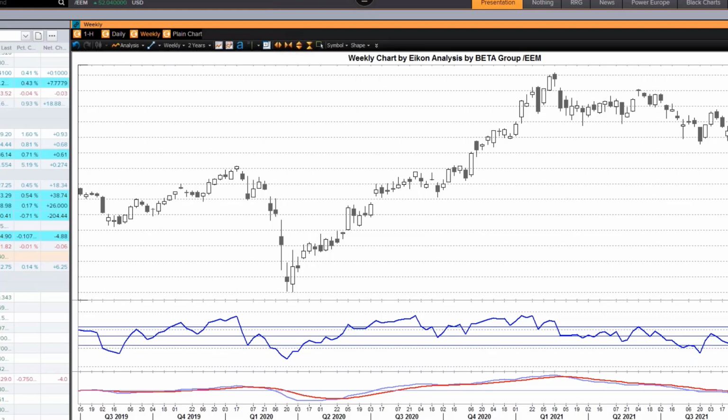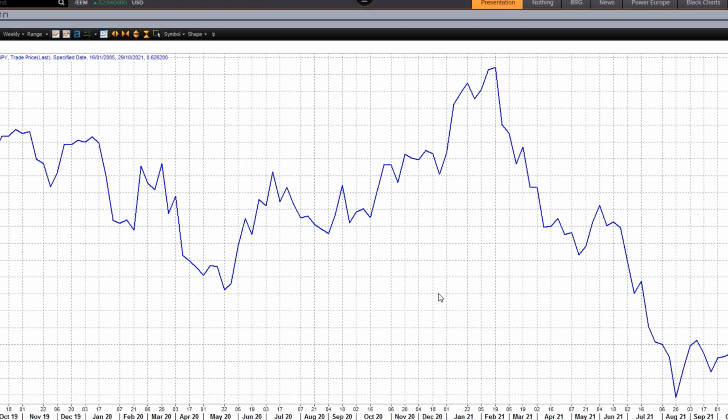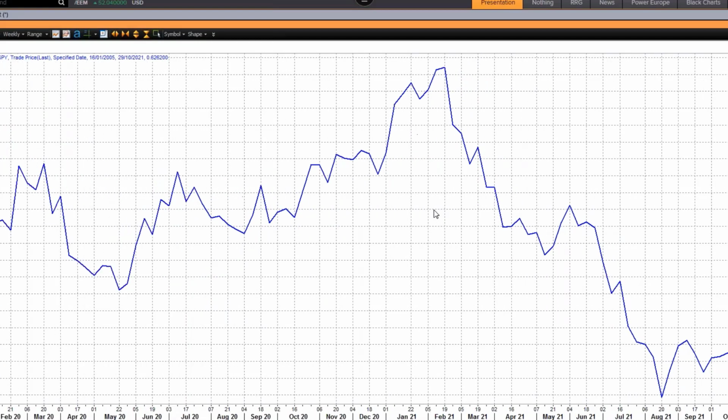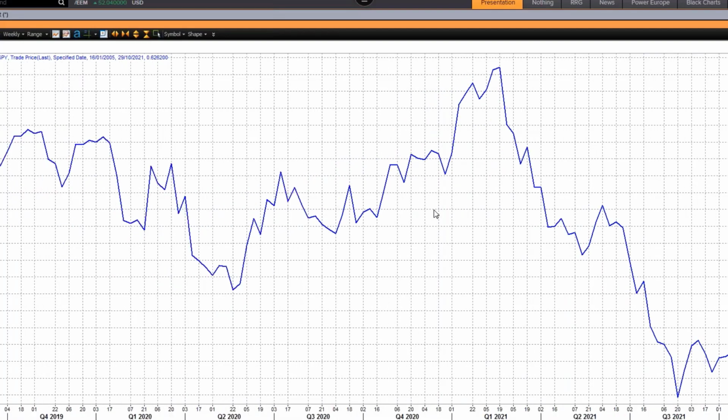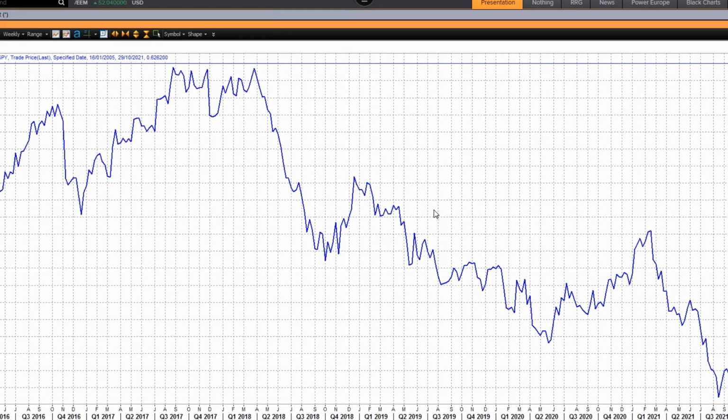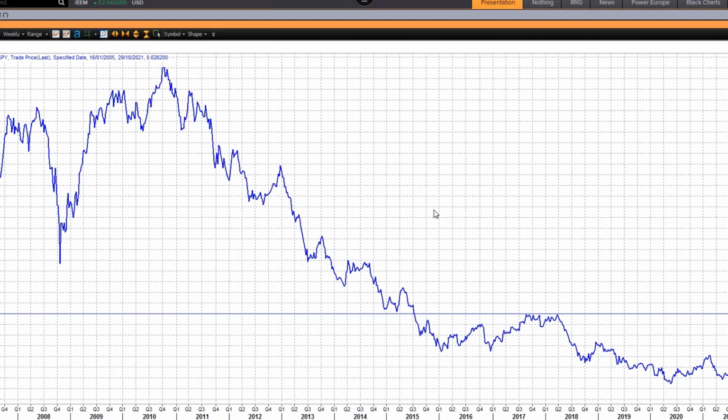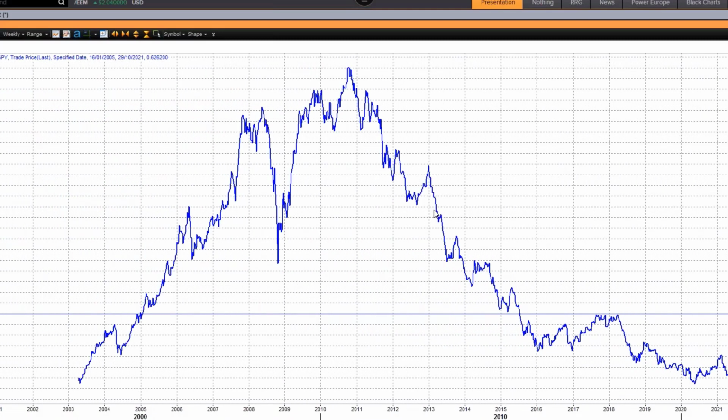Now let's do it versus the S&P. So given your money, which would you rather put your money in? And just make sure this is a weekly chart. It is a weekly chart. Okay, so this is the emerging markets divided by the US market.